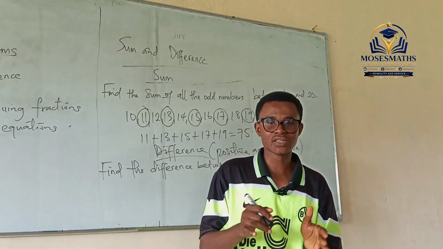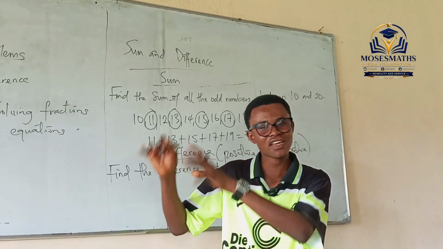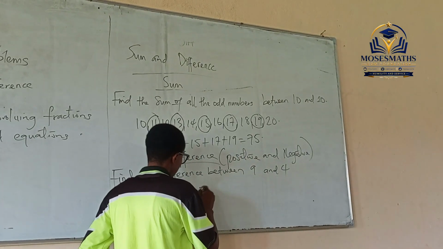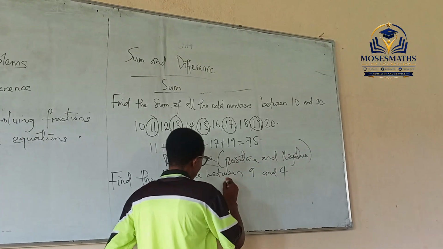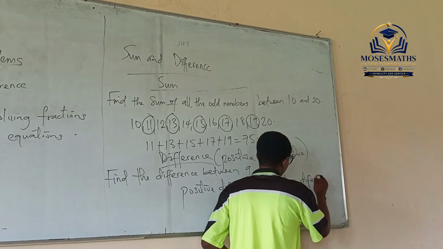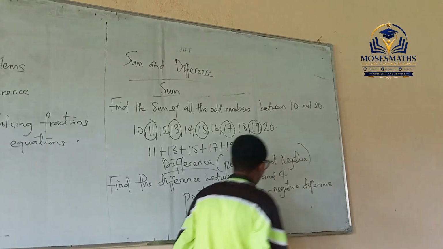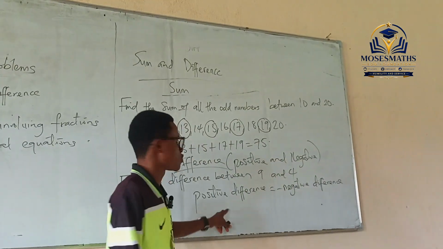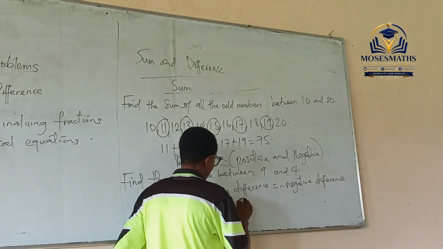So positive difference is equal to negative difference. What do I mean? If I have a positive difference for this particular question, 9 and 4, the positive difference is 9 minus 4.